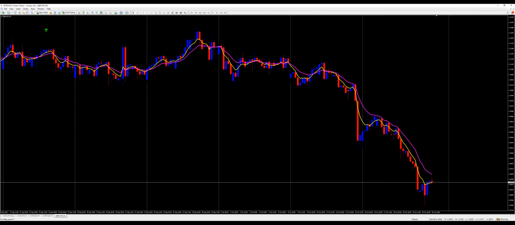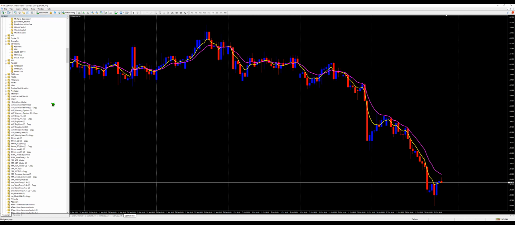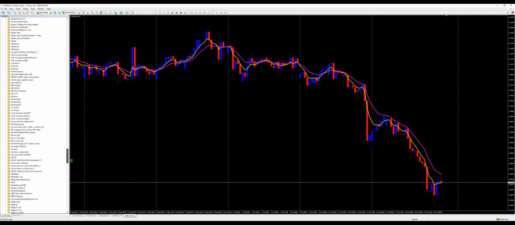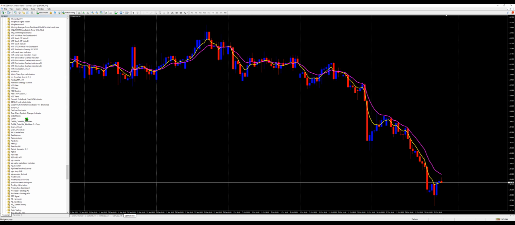Okay, I'm going to add one more indicator, and that's the symbol selector. And what is it called in this one? One chart. The One Chart symbol changer indicator.